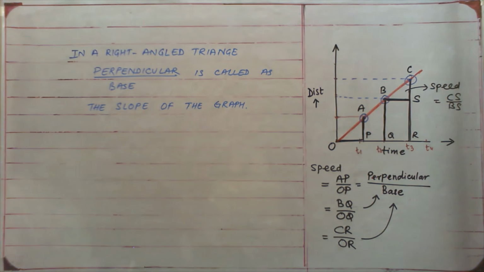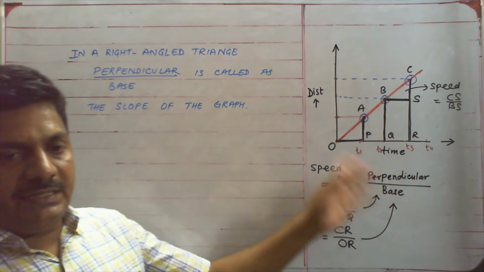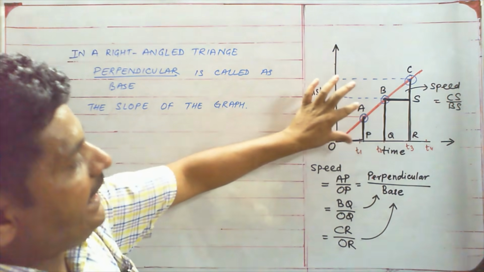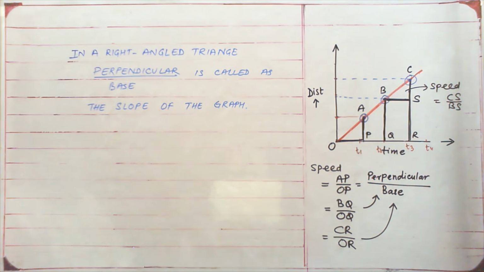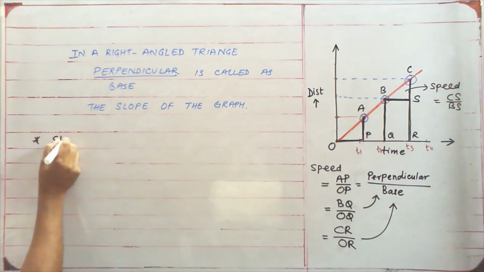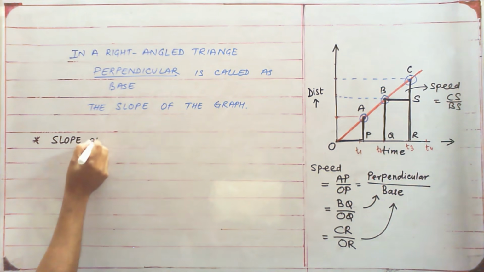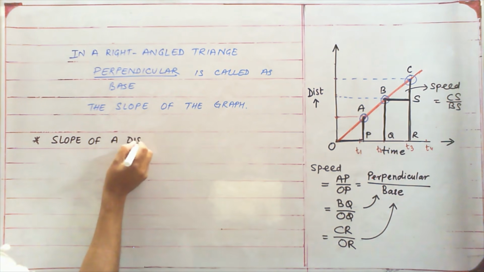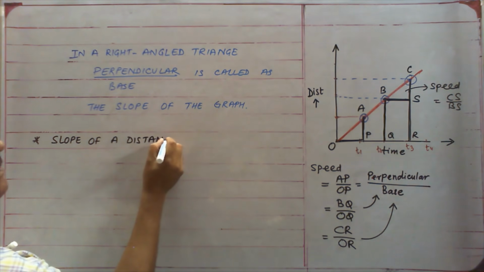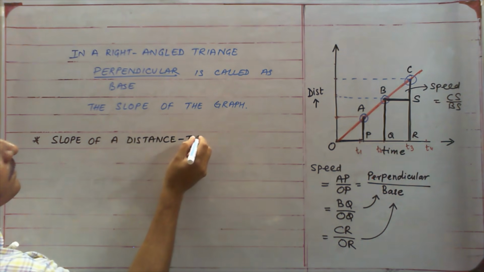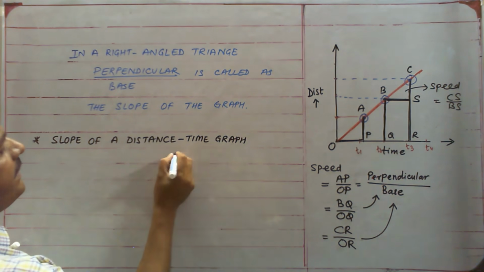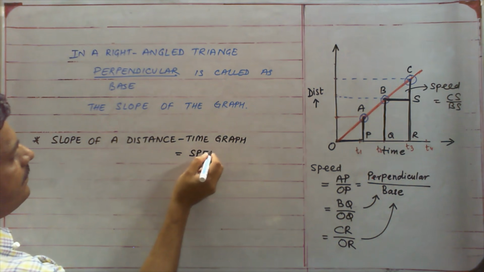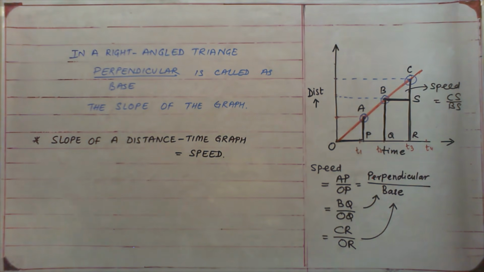So what are we doing? In every case, if you look at the example that we have discussed, we are calculating perpendicular by base to get the speed of the body. So slope of a distance time graph is equal to speed.